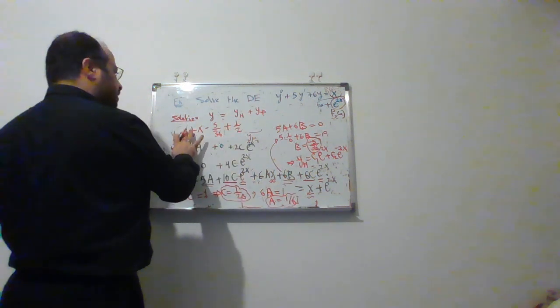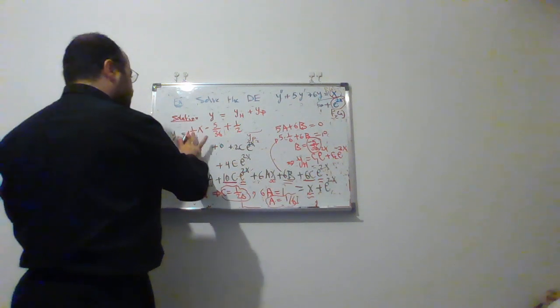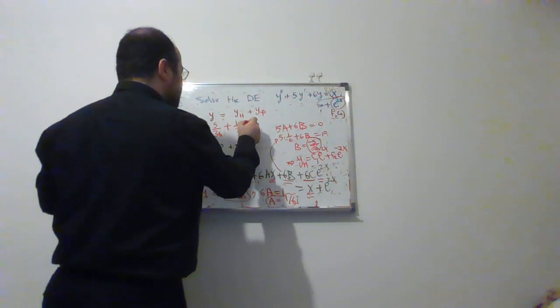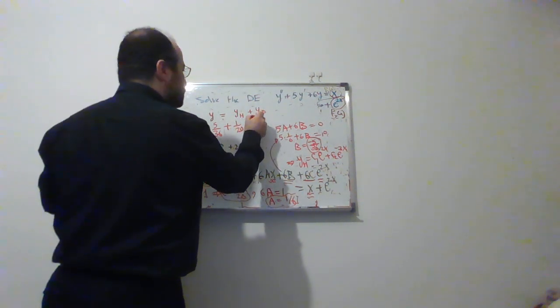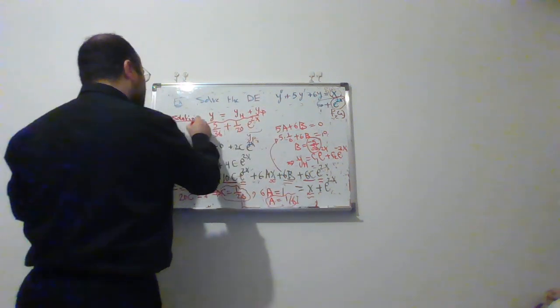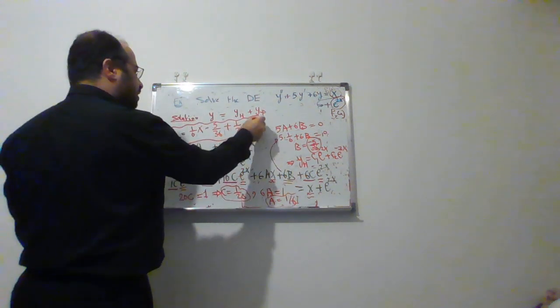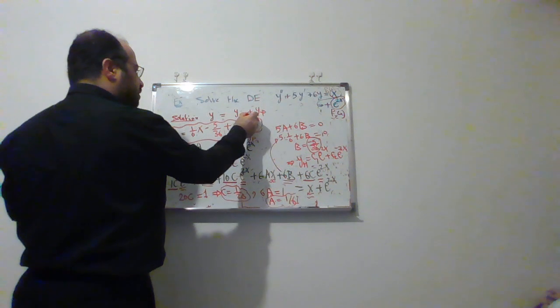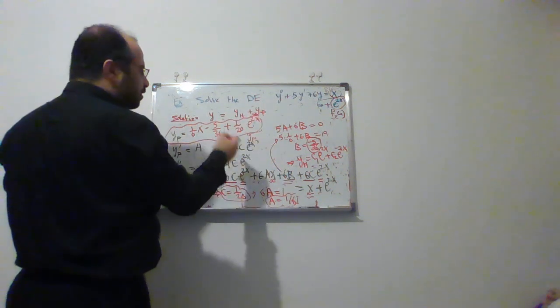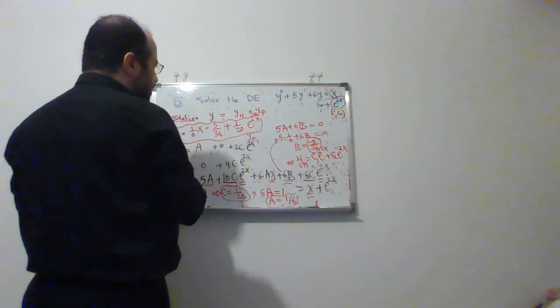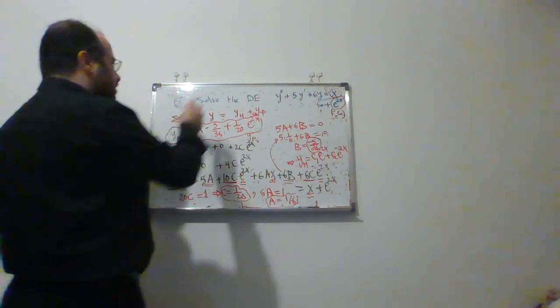We don't need that bracket. 1 over 20 e^2x. So I put the y particular here, and I already got the y homogeneous, and I write the y homogeneous, and then we are done.